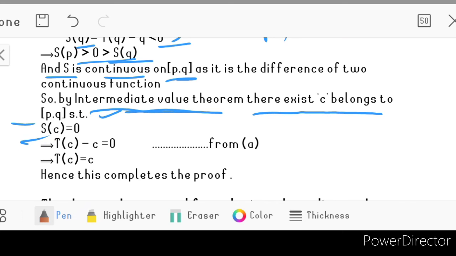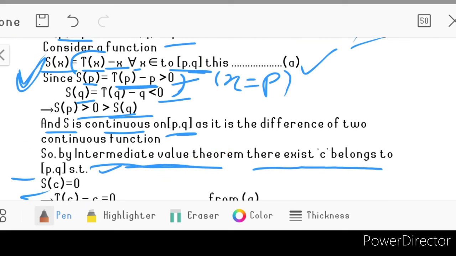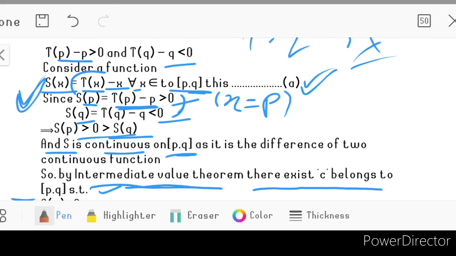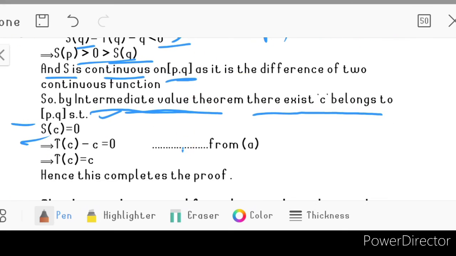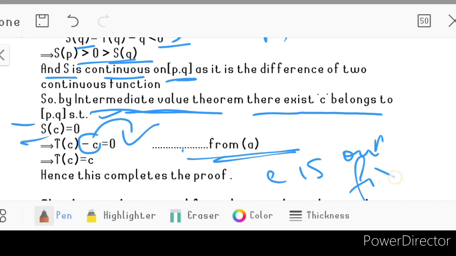And if it is giving the value 0, just replace X equals C in equation number A. So this will be T of C minus C equals 0, and shifting this minus C to the right hand side, we will get T of C equals C, and this is what we want. We want the fixed point, and here C is our fixed point, and hence our result.